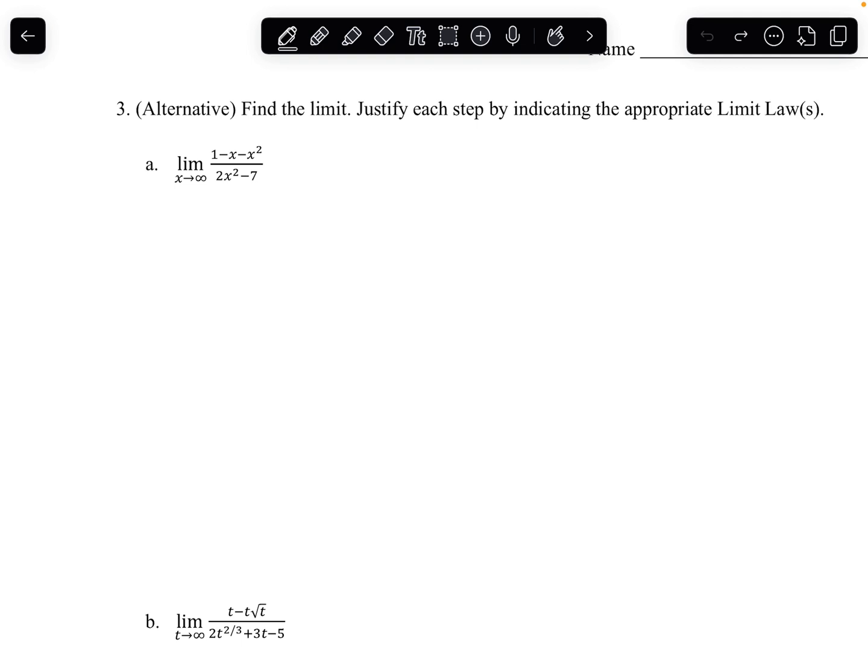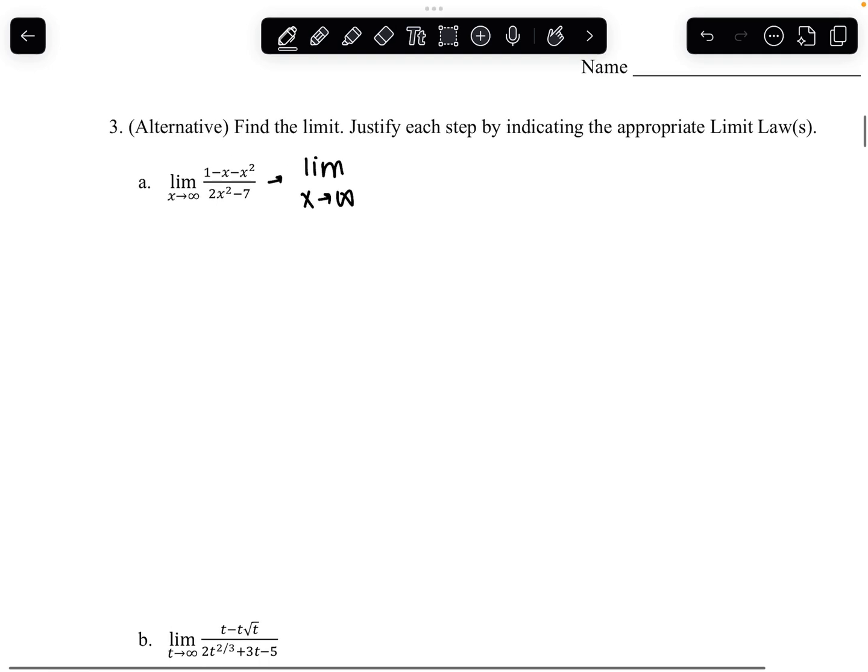So you have 1x, x squared, another x squared, and 7. Looks like to me x squared is going to be our highest term. So once you've identified that, you're going to divide every single term by the highest term, which we have decided is x squared.